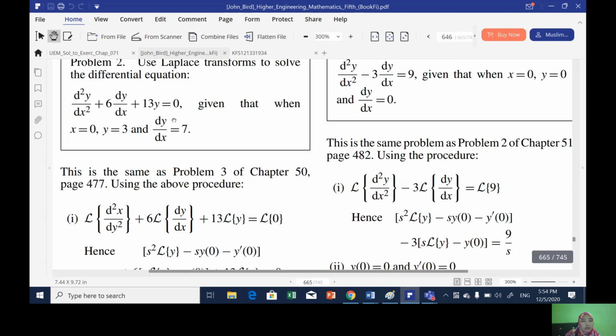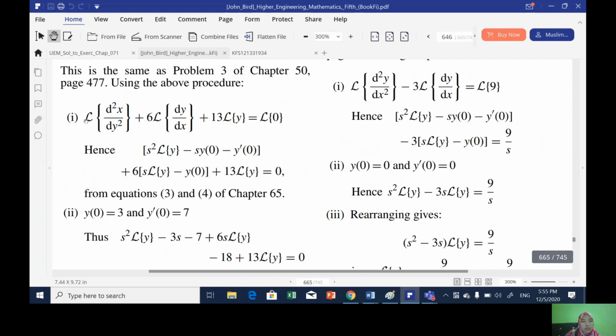The method here: first we write down the ordinary differential equation and then apply the Laplace transform to each part, including the right hand side. So for the left hand side and the right hand side of this differential equation, we apply the transform. This L is the notation for the Laplace transform. The one in the brackets is the original differential equation.